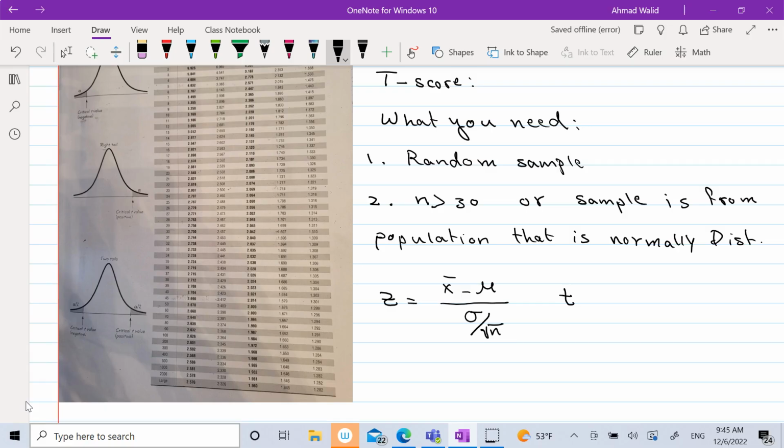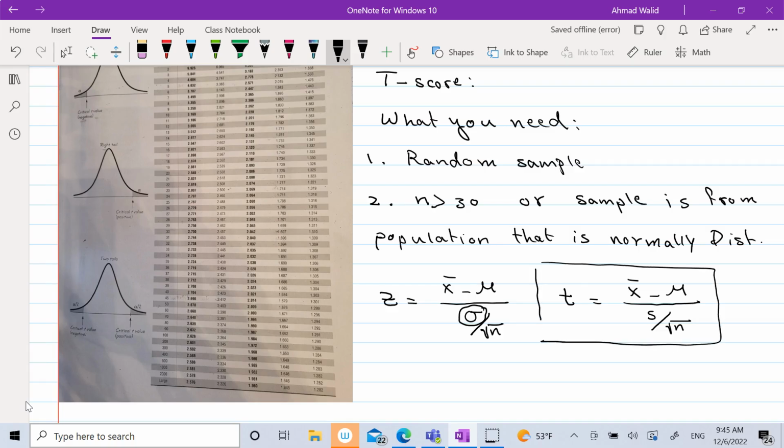I put uppercase T there, but it's always lowercase t. t equals x bar minus mu over, I cannot use sigma because the standard deviation is not given, but it's easy to use the standard deviation for a sample, which our notation is s. So s over square root of n. That's the formula for the t-score in this section.